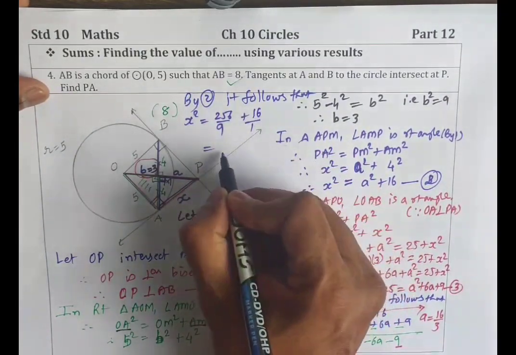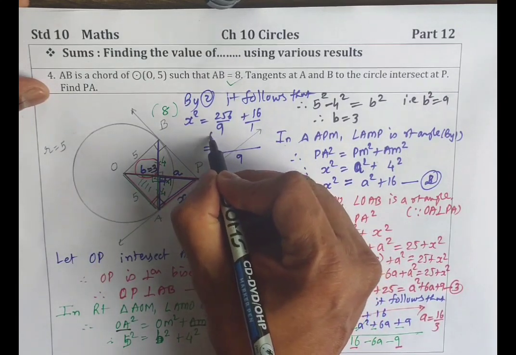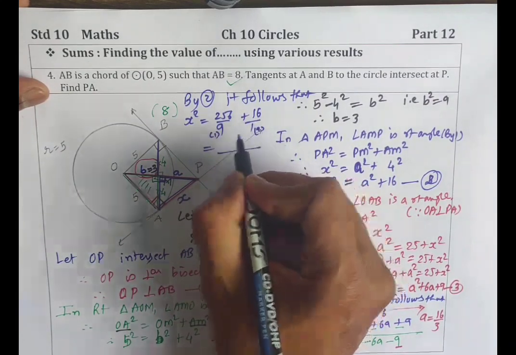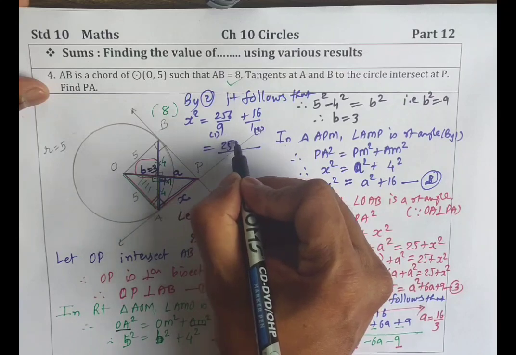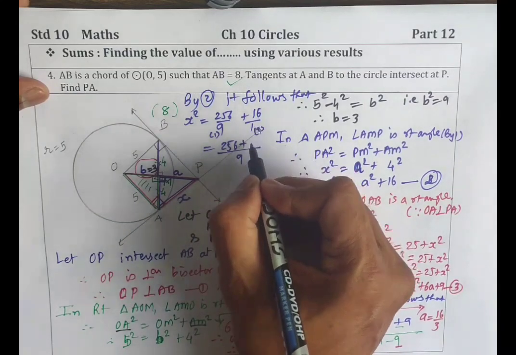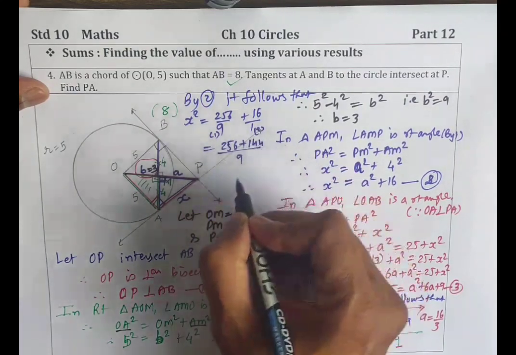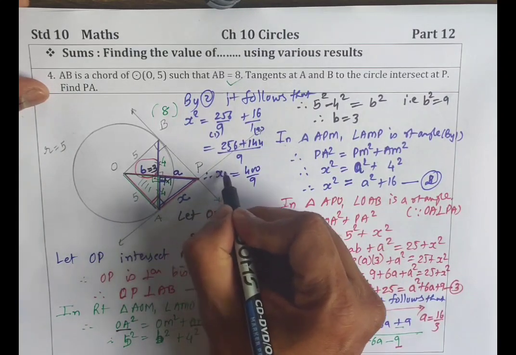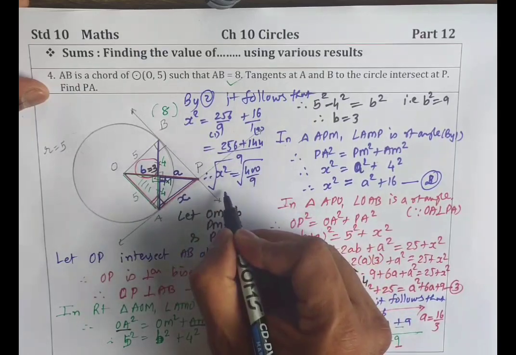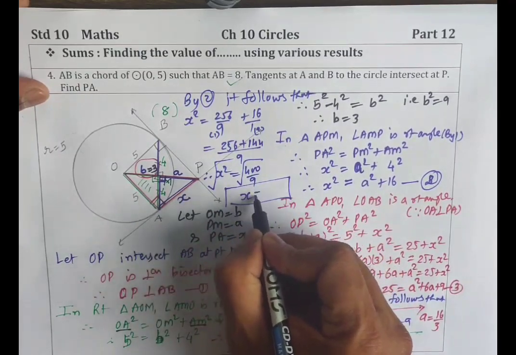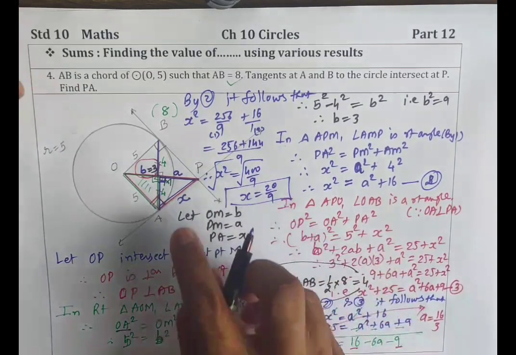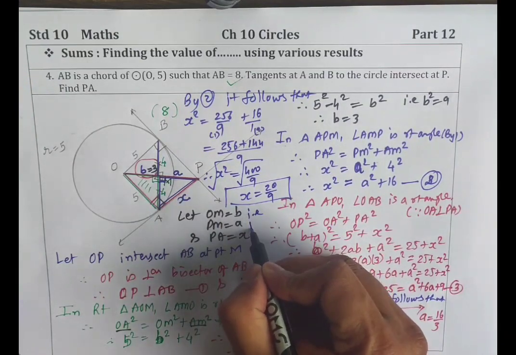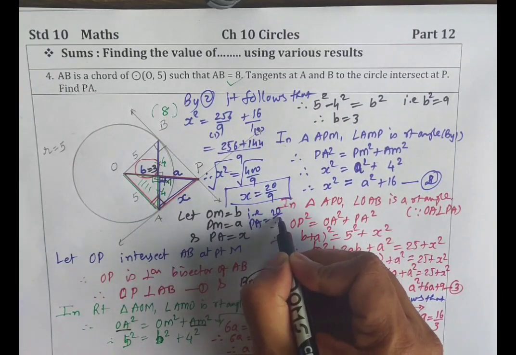Upon 1 LCM 9: 256 and 9 times 16 is 144. Total 400 divided by 9. Therefore X square. So taking square root on both sides, this will give me X is equal to 20 upon 9. So i.e. PA is equal to 20 upon 9.